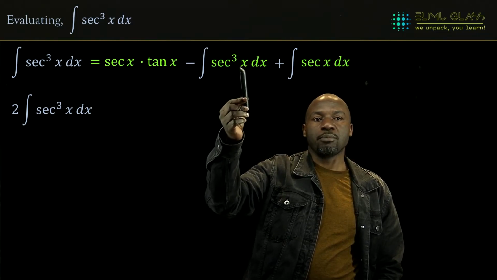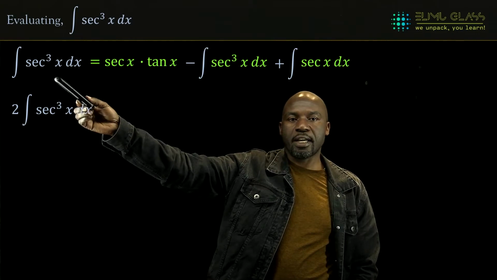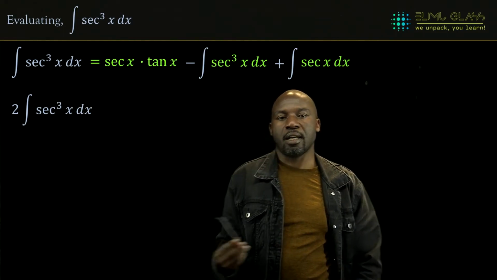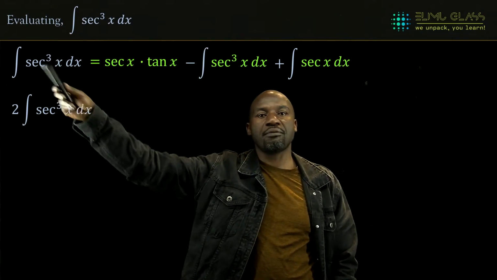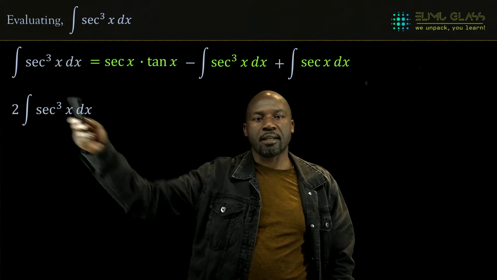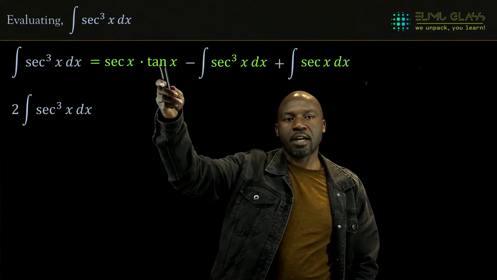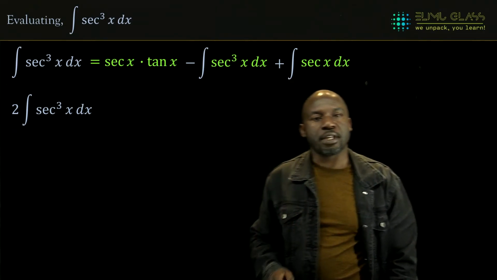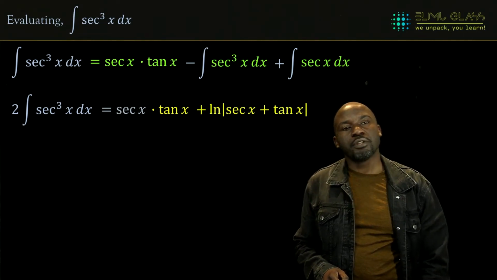But there is no problem really, because this is minus. So what I'm going to do is just take it to the other side. It becomes positive, and now you'll have twice sec cubed of x. So twice the integral of sec cubed of x becomes sec of x times tan of x plus the integral of sec x, like that. All right, so that's how this reduces.